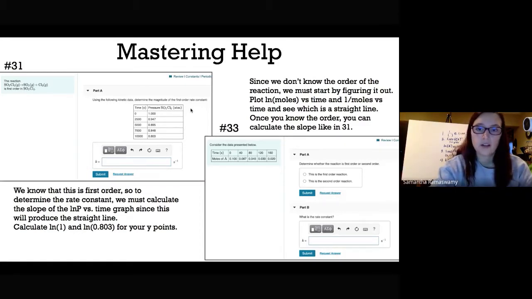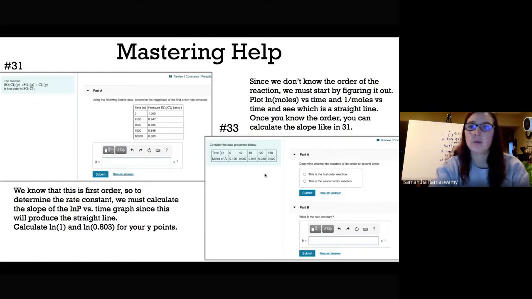So if you figure out the natural log of even just the first and the last point, like we did in example 17 and 18, if you take the natural log of 1 and the natural log of 0.803, there are your y values. And then you use the time for your x values. So you would do y2 minus y1 over x2 minus x1, but the y values have to be the natural log of pressure.